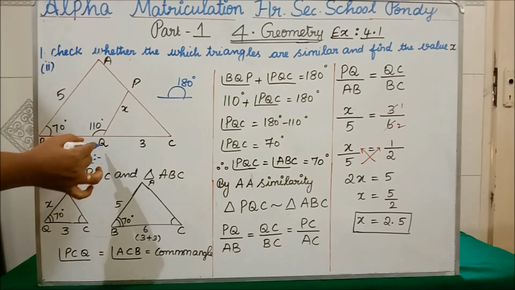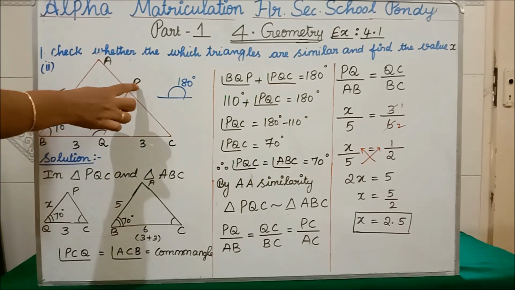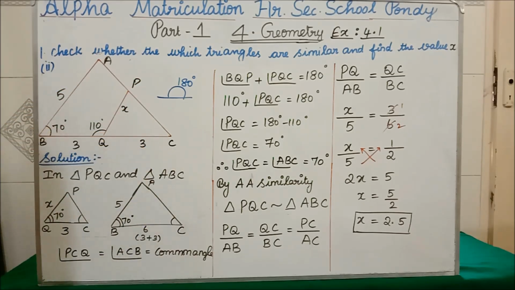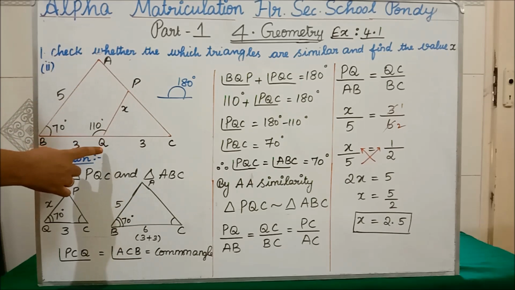B, Q, P is one part, and another part is P, Q, C. So we can write B, Q, P plus P, Q, C.